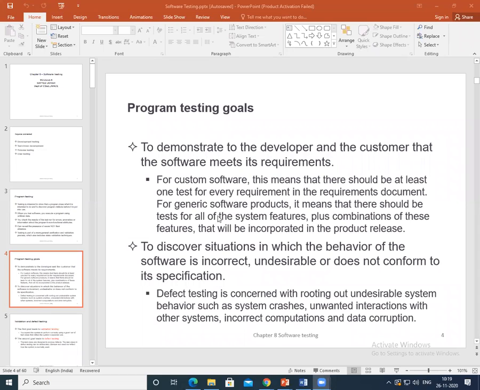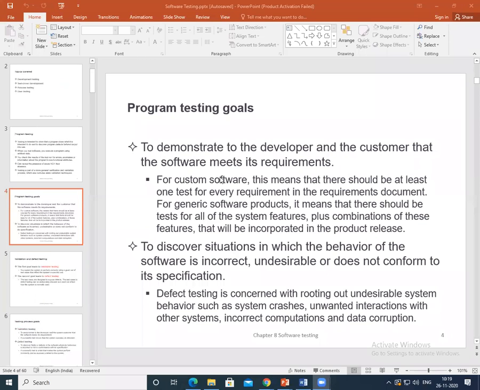For such cases, you should have 3 valid test cases that demonstrate to the customer that the program meets its requirement, and one invalid case, that is if the roots are less than 0, so what has to be done. So when the roots should not be calculated and when they should be calculated. Okay.